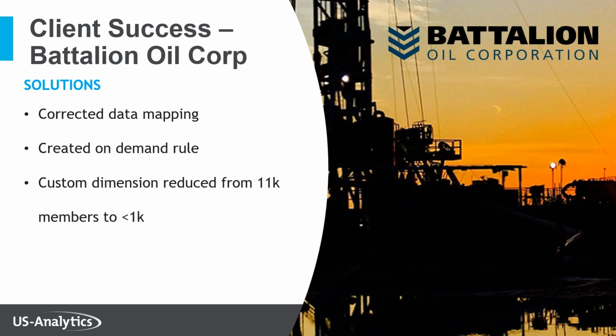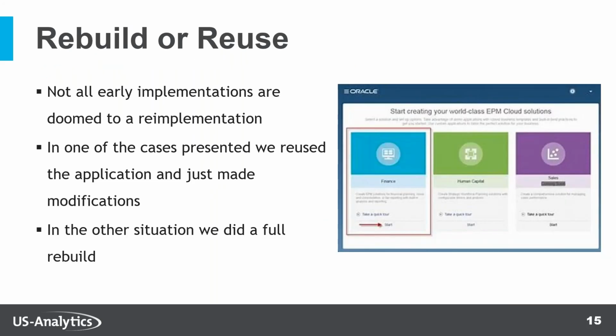There's multiple ways we can go with this that can still help you with your system and your performance, and which direction do you want to go? So again, here, you can rebuild or reuse. It's not always the case where we have to scrap and start over.